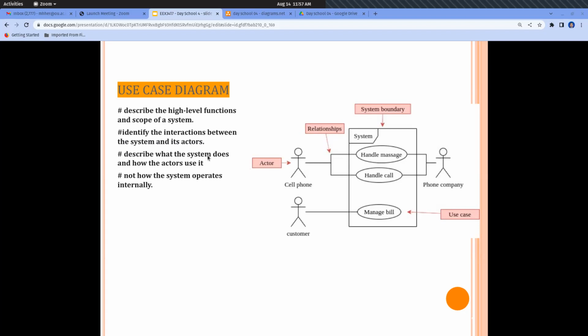Describe what the system does and how the actors use it, not how the system operates internally. We are not going to draw how it operates internally, because what is happening inside handling message is not necessary for a use case.